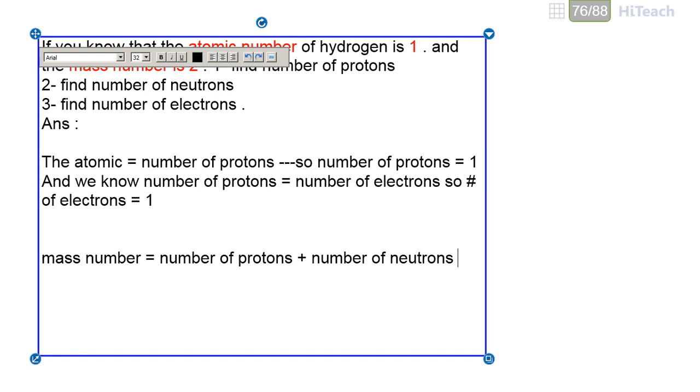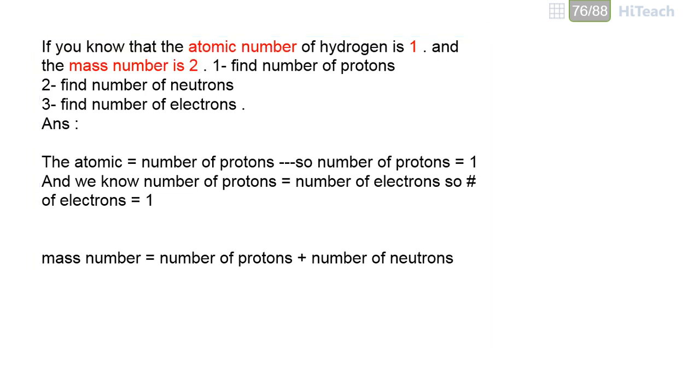The mass number is given, which is 2. The number of protons is given, which is 1. Plus the number of neutrons, which is unknown, x. I don't know what it is. So minus 1 from this side, minus 1 from this side. The number of neutrons: how much? Neutrons equals 1. Is this one clear now?